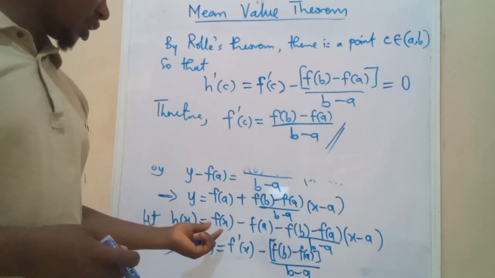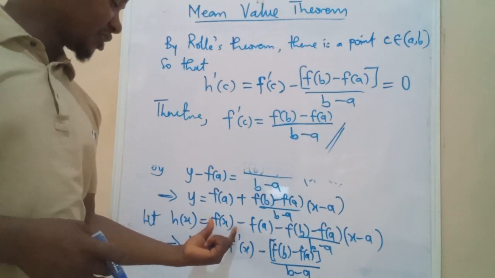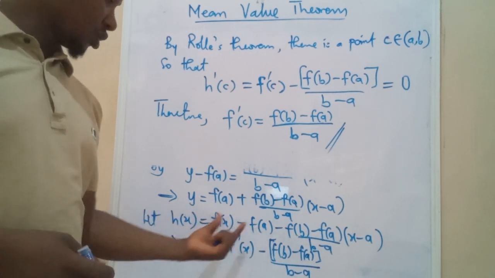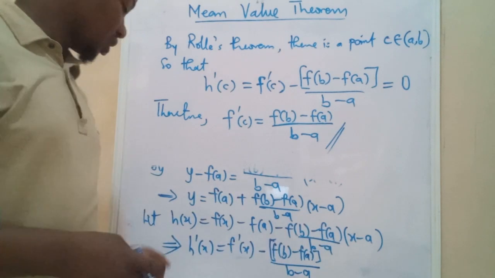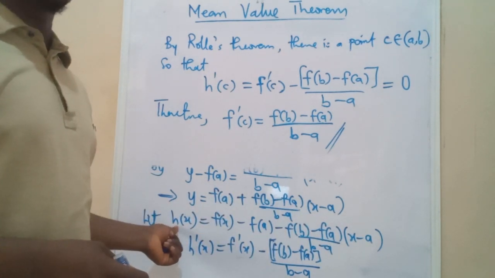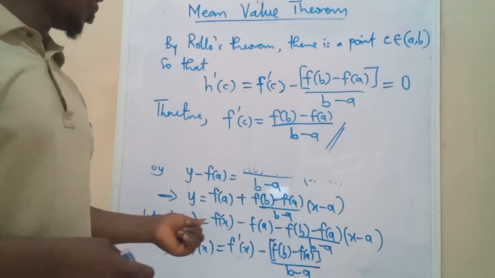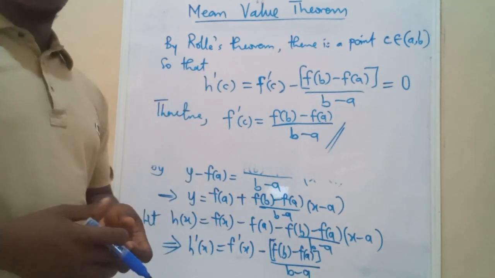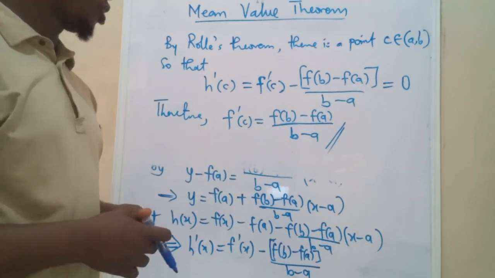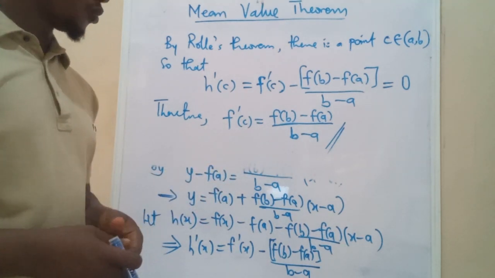What we do is that we find the difference of that f of x and this y to give this equation. When we do that, we differentiate this function with respect to the argument x, and we apply Rolle's theorem to get the mean value formula. Okay, so that is that.